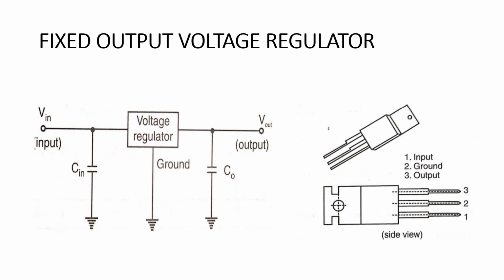A typical 78XX series voltage regulator is used for positive voltages, and 79XX series are negative voltage regulators. So the fixed output voltage regulator is divided into two types: fixed positive voltage regulator that will provide the positive voltages, and fixed negative voltage regulator that will provide negative voltages.